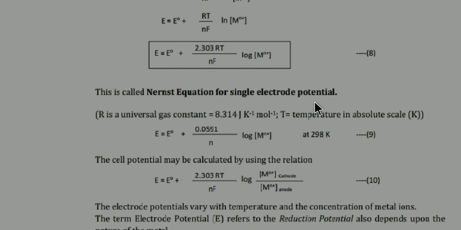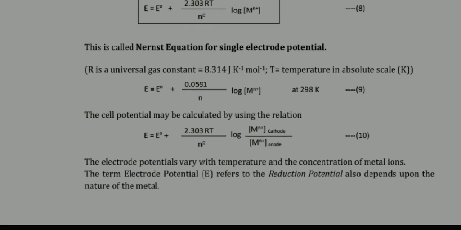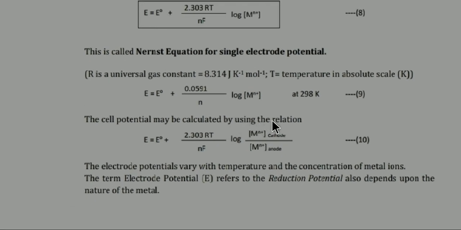This can also be calculated using the relation E equal to E naught plus 2.303 RT by nF log of the concentration at the cathode divided by the concentration at the anode. So this can also be used for the single electrode potential. This electrode potential varies with temperature and concentration, as you can see here.